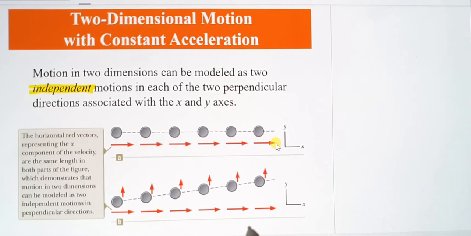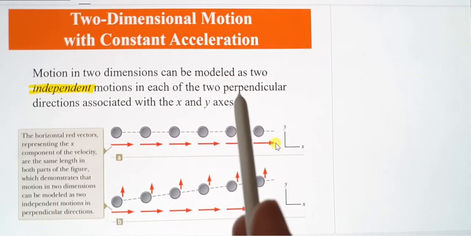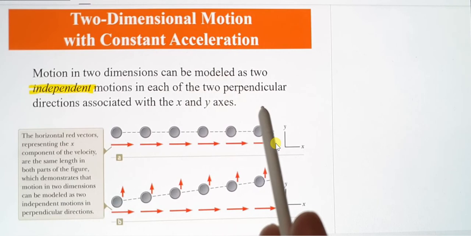That's 2-dimension motion, as if we are going to solve 2 problems in one. So what's going on in the x-axis does not affect the y-axis. Basically, 2-dimension motion is like 2 problems in one.